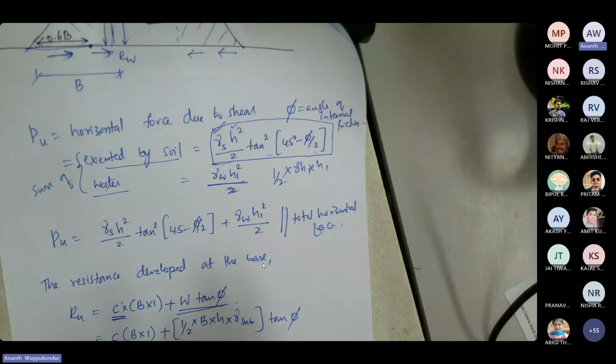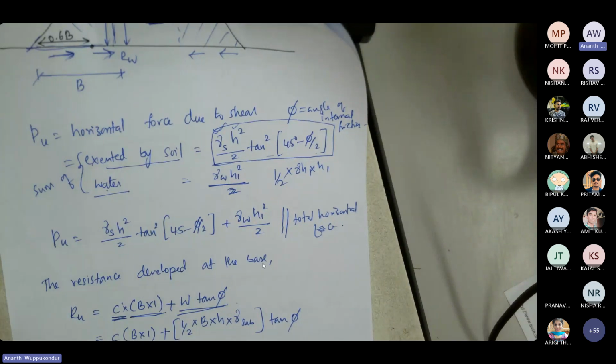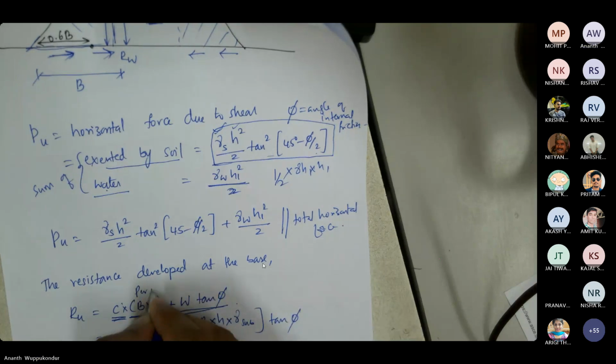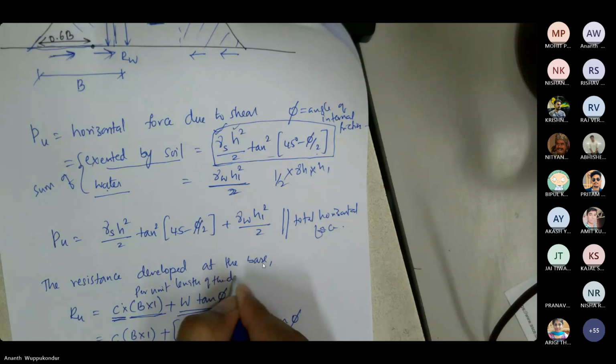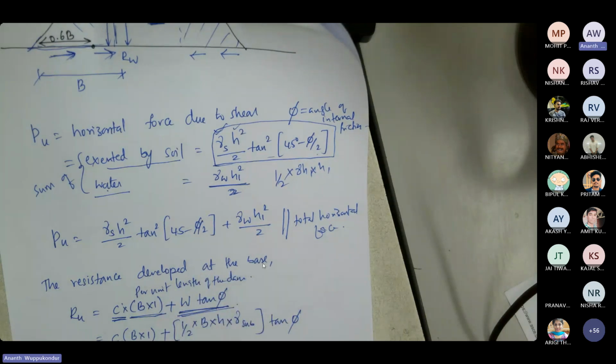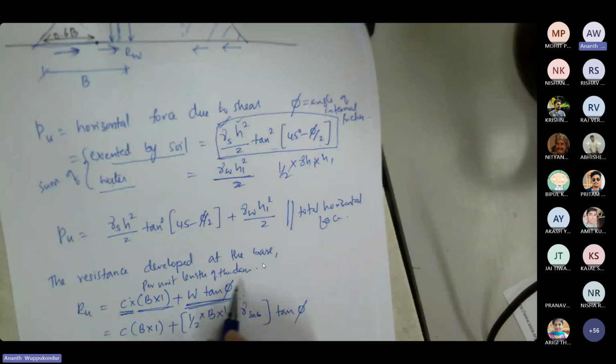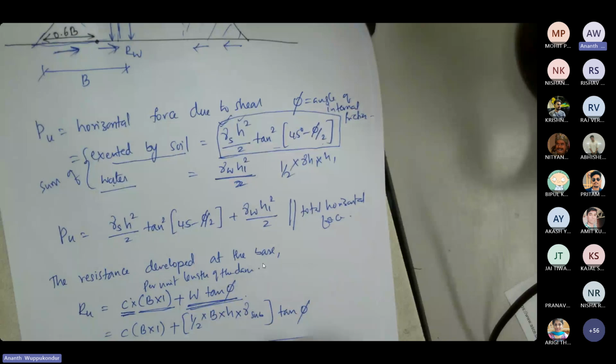So the cohesion is acting over an area B multiplied by 1 because we are considering per unit length of the dam. And then this is the resistance because of the weight. So you have the resisting force, which is given by this expression.